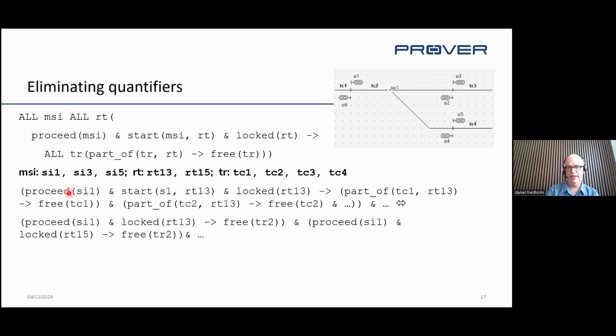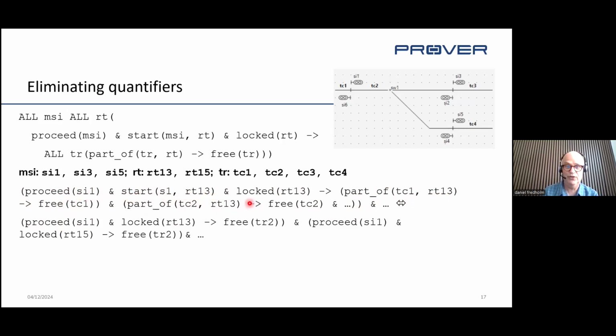Now that we have eliminated the quantifiers, we can start to partially evaluate this formula, since these static things, the start here and the part of predicates, are statically true or false. So for instance, this thing here, S1 is the start of route 13, so that one will be true.